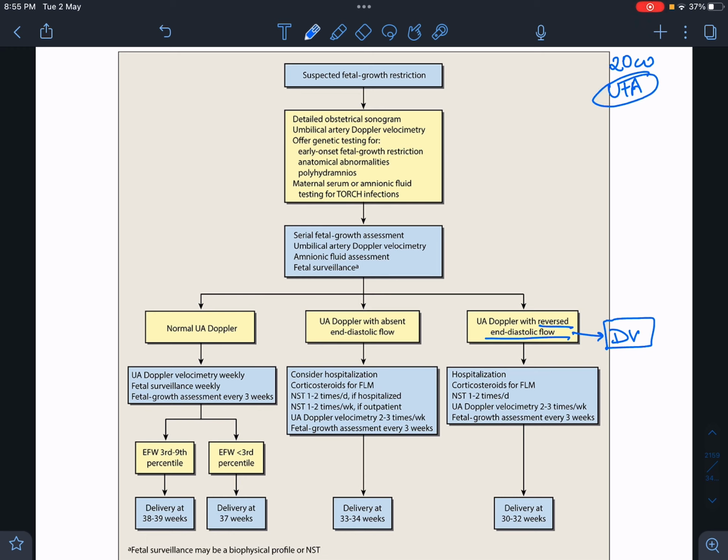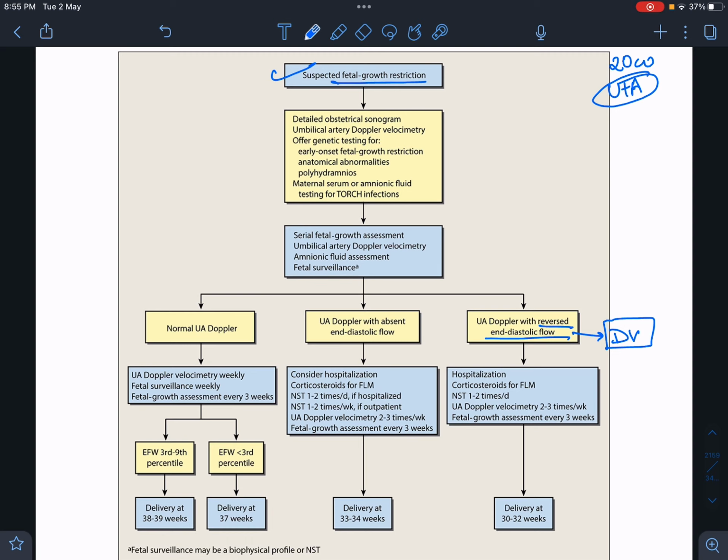But if you are in a low resource setting, you can do this in women with suspected fetal growth restriction. Later on, in the next video, I'll tell you the major and minor risk factors, but as we have read above, these are women who have obesity, hypertension, diabetes, who are on any other medication, whose previous baby was SGA, women who smoke.